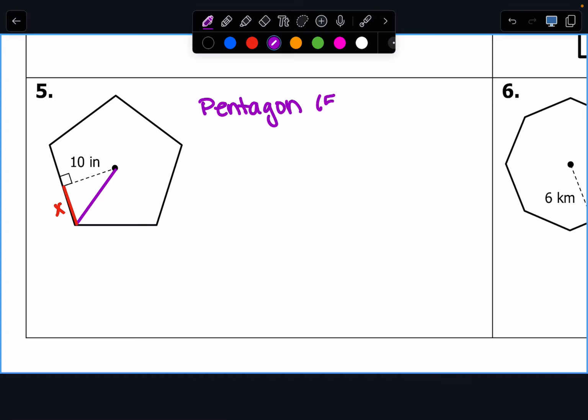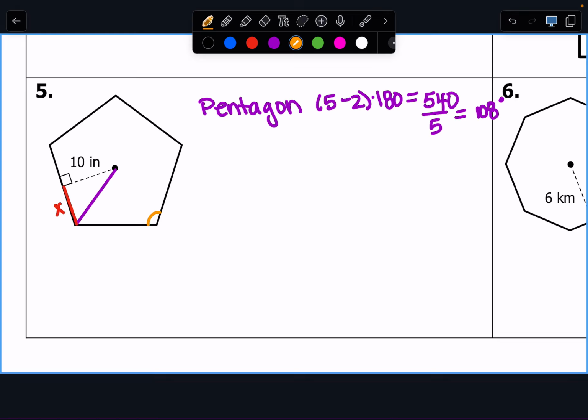So if we take n minus 2 times 180, I did 5. Isn't it 5 sides? So how many total degrees are in a pentagon? 540. Okay. And so if we divide that by 5, then each angle of our pentagon is 108.